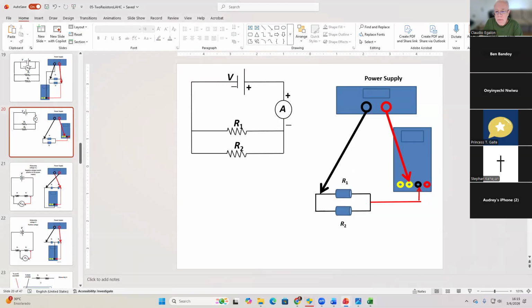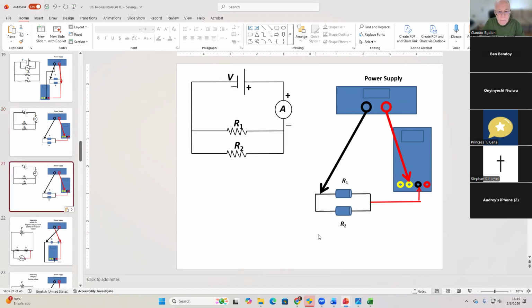To get the current going through resistor number 1, we are going to do the following. We're going to reposition the multimeter, the ammeter, right?